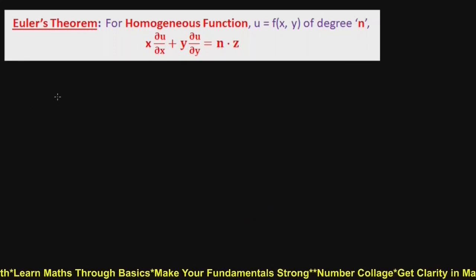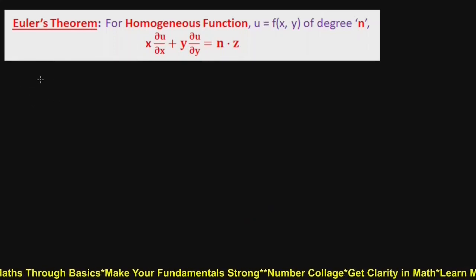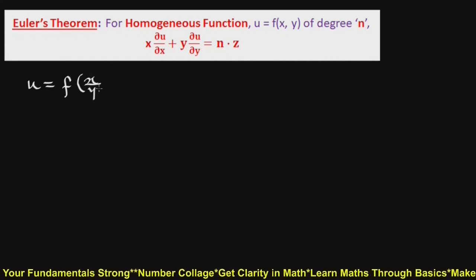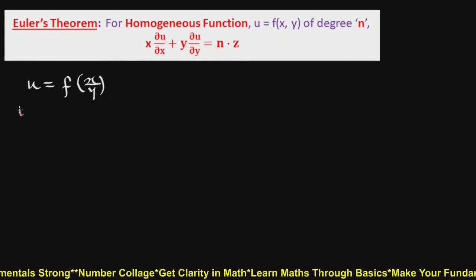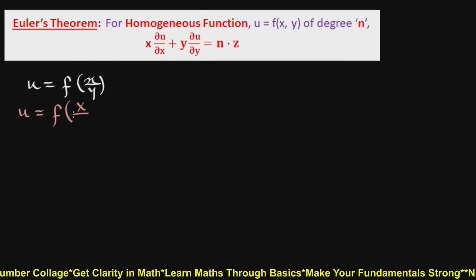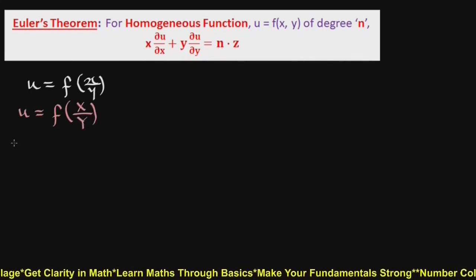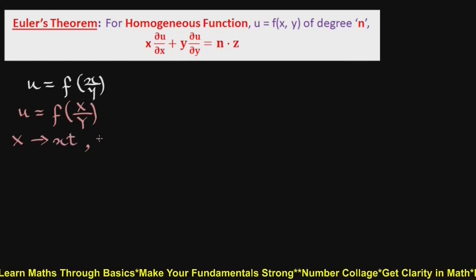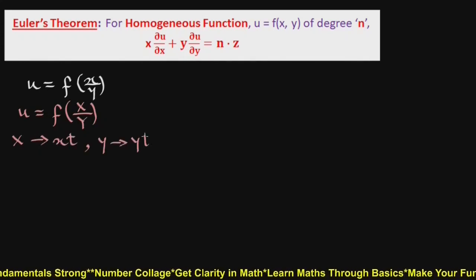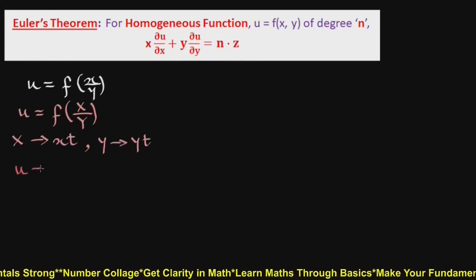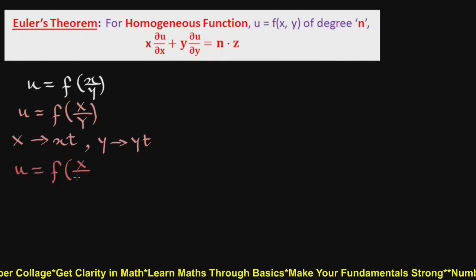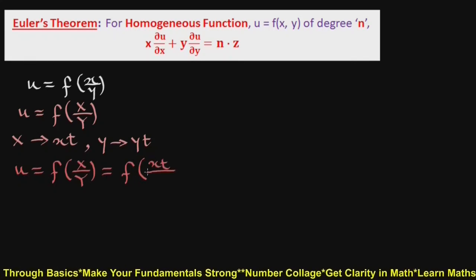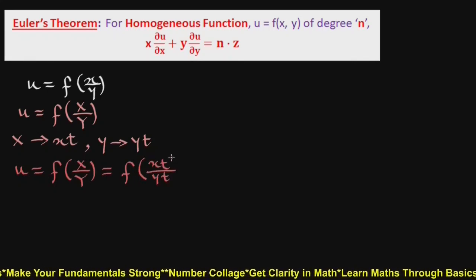Let us verify Euler's theorem for the function u equals f of x upon y. First we write u as f of capital X upon capital Y, and after that we replace x by xt and y by yt so that u becomes f(X/Y) equals f of xt upon yt.